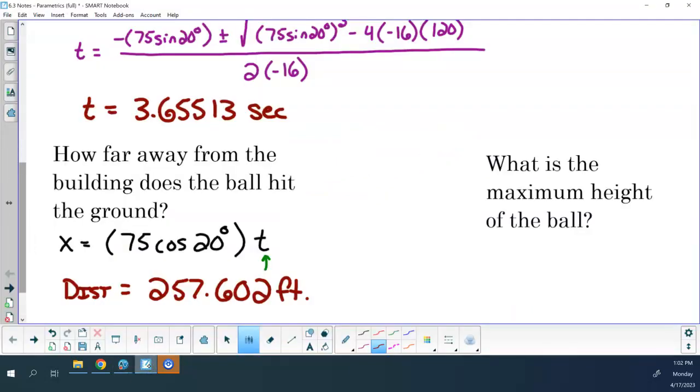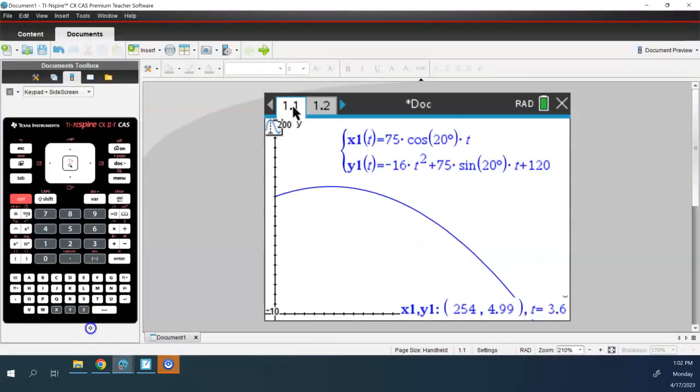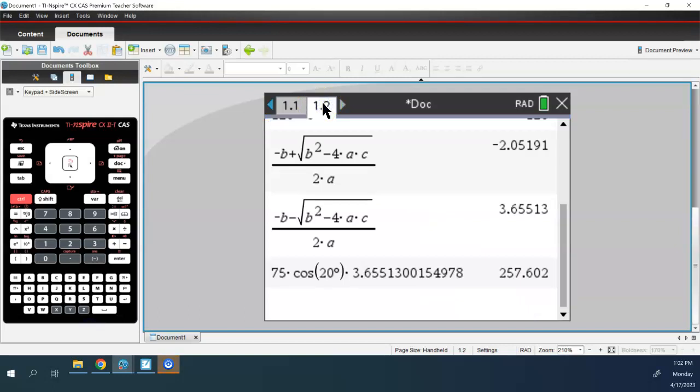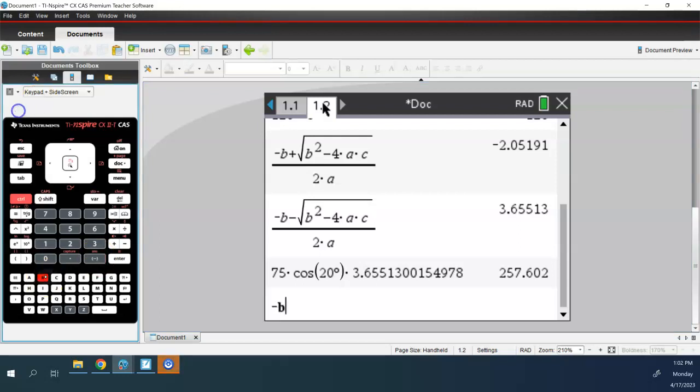I can remember that the x part of a vertex is at x equals the opposite of b all over 2a. Or I could take these two times when the ball hits the ground and take the average of those two. So I can do here the opposite of b divided by 2a.